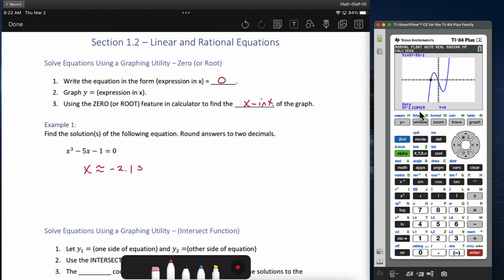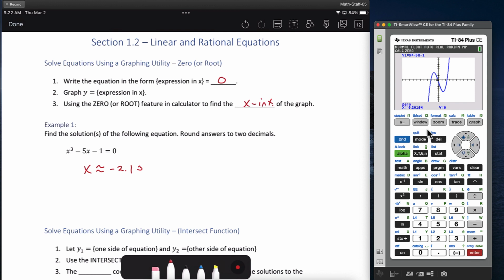And then we'll repeat this process for our other 2 intercepts. Second, calc 0. We'll scroll over to the second x-intercept, and again, we want to be on the left side of it. Hit enter. Then we want to be on the right side. Hit enter.